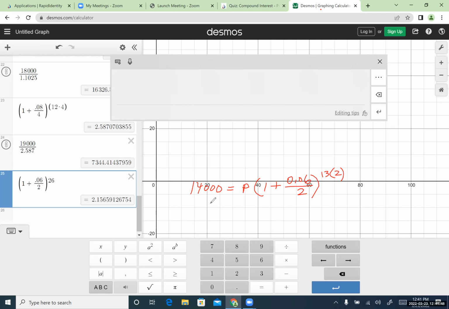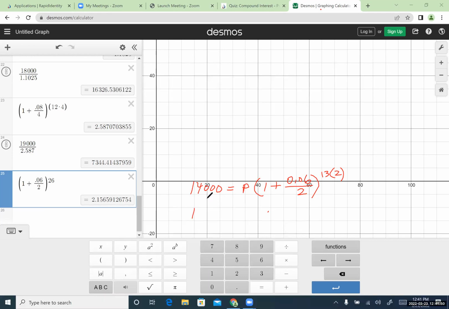So that's reduced to 14,000 equals the principal times 2.1566, I guess would be the way it would round. Well, the decimal's a little messy there. There we go.